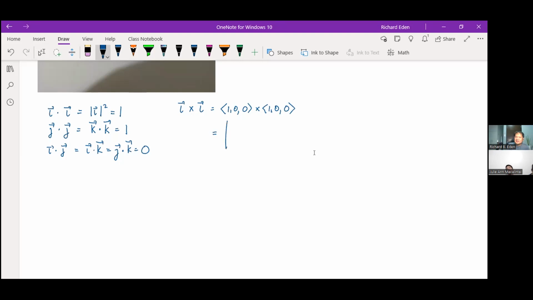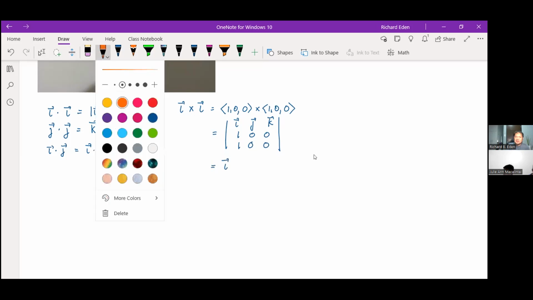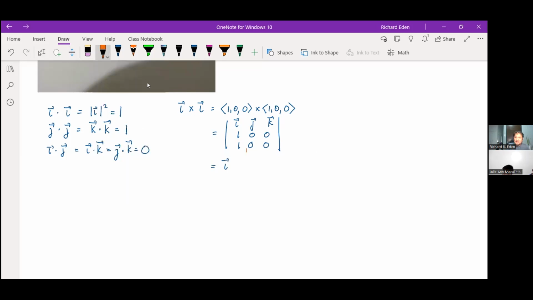Sige, tignan natin. i, j, k, di ba? And then 1, 0, 0, and then 1, 0, 0 ulit. Then how it goes is, di ba, i, and then we're going to take the vector from columns 2 and 3. So that would be the determinant of 0, 0, 0, 0. And then minus j, which is in the second column.